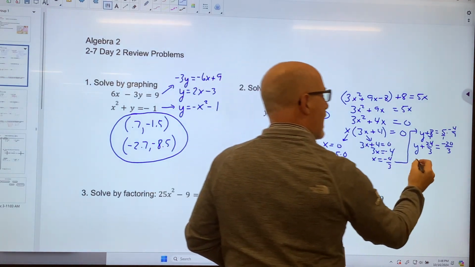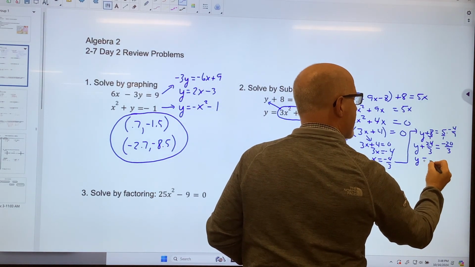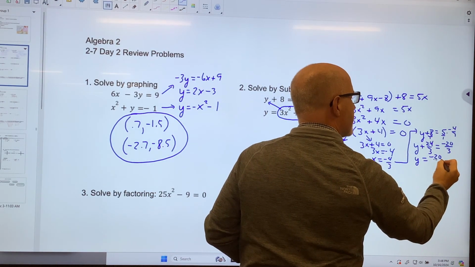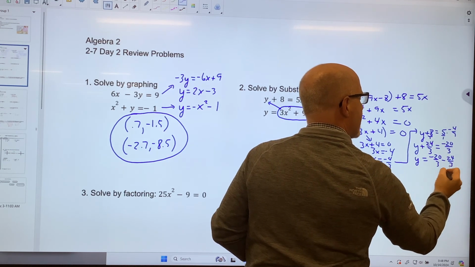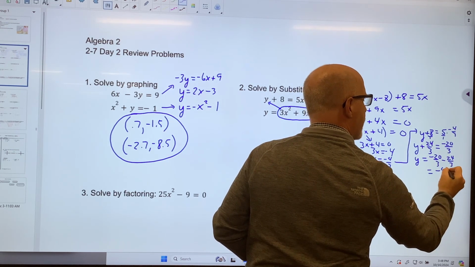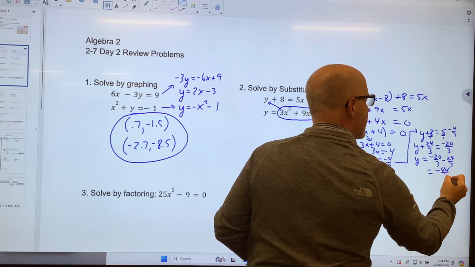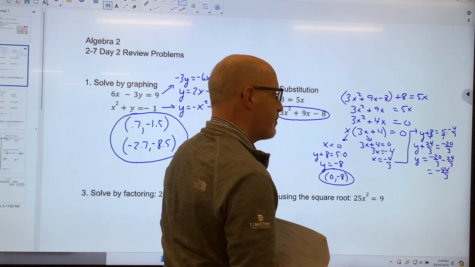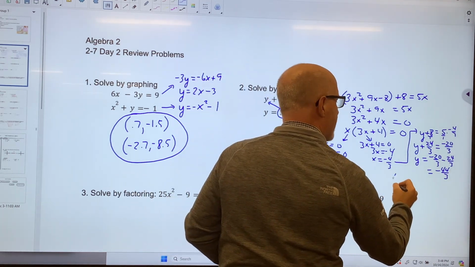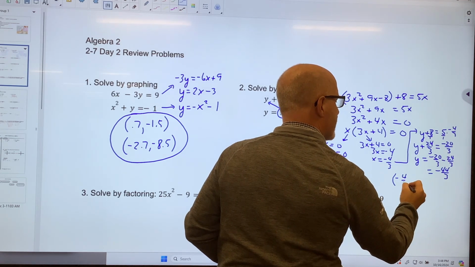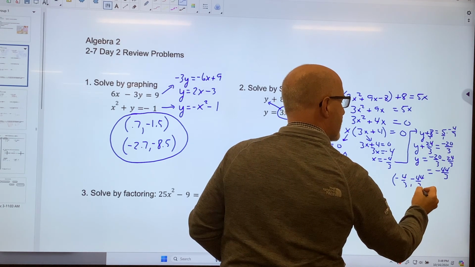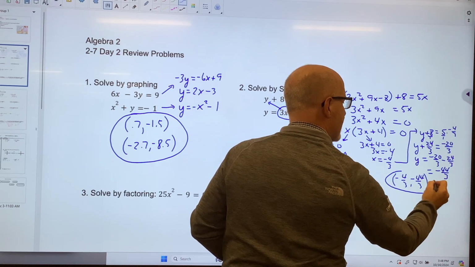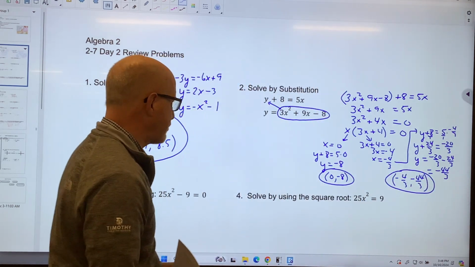Now I'm going to subtract 24/3 from both sides, so negative 20/3 minus 24/3, and you get negative 44/3 for an answer. So my ordered pair here is going to be negative 4/3, comma negative 44/3. Exact answer for the solution for that one.